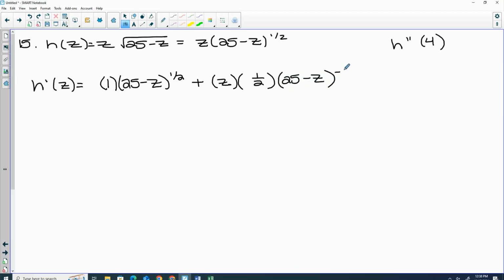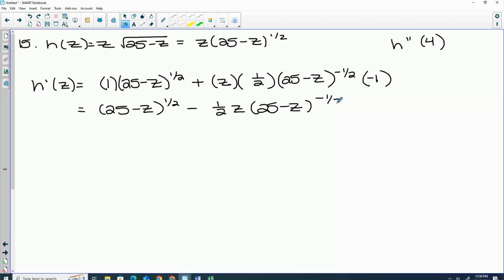Subtract 1 from the power, so 1/2 minus 1 is negative 1/2, times derivative of the inside, which is negative 1. So that gives me 25 minus z to the 1/2, minus 1/2 z times 25 minus z to the negative 1/2.